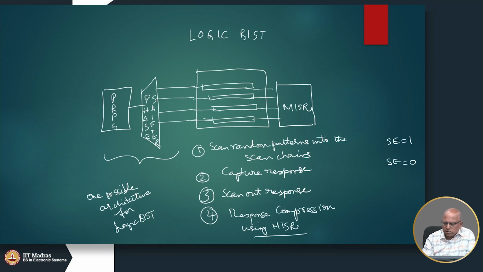So we will go ahead and simulate the good circuit and note down what is the signature register, and then apply the test patterns to the hardware. And if the signature that we got was different from the good circuit signature, we will declare that there is a fault.